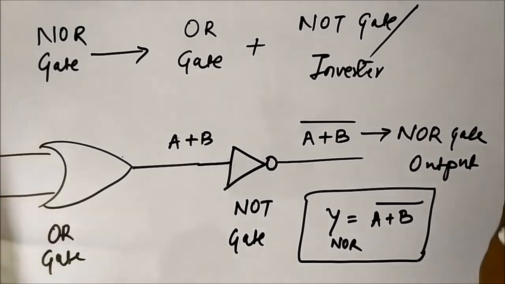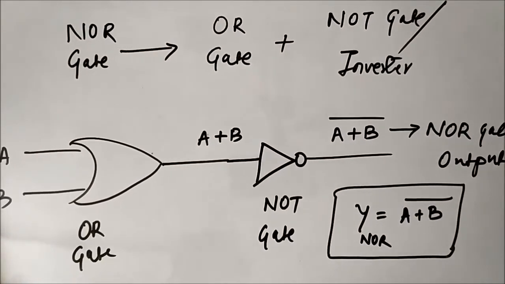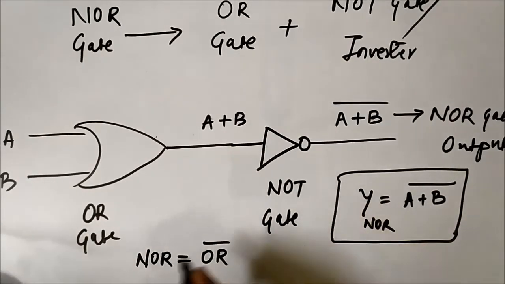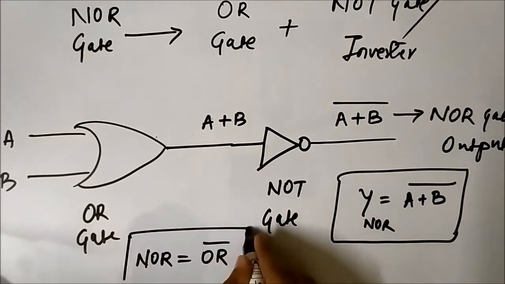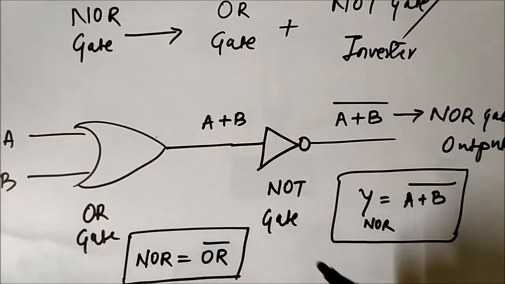So we can say that the NOR gate is the complemented version of the output of the OR gate.